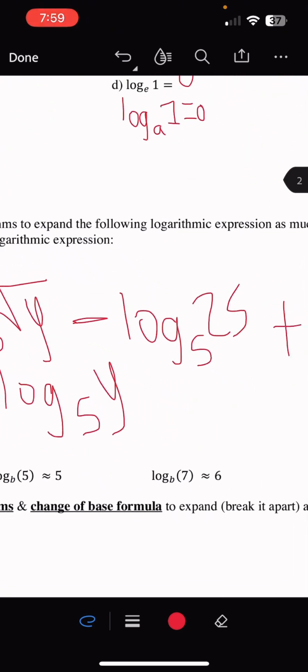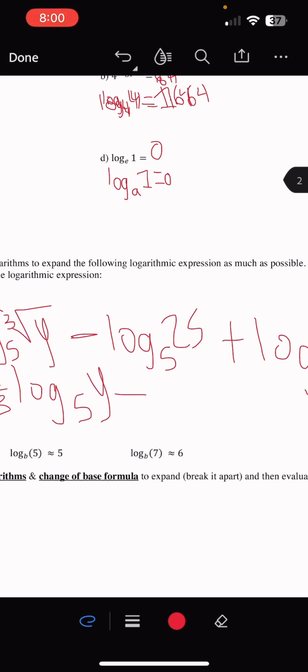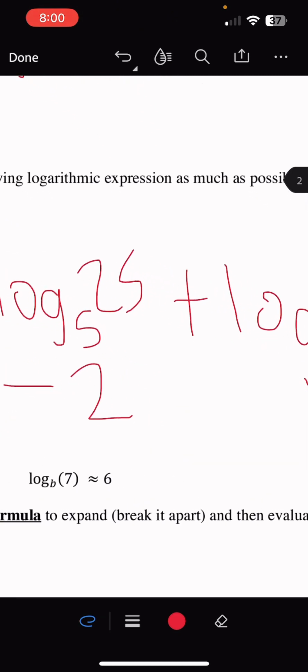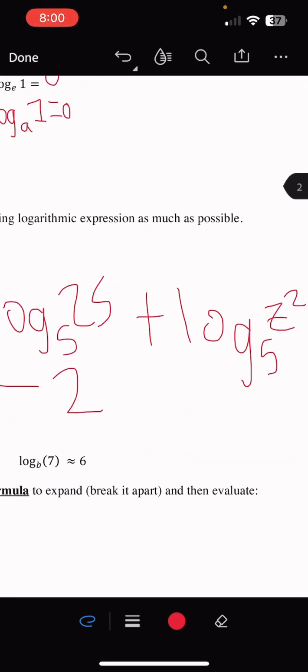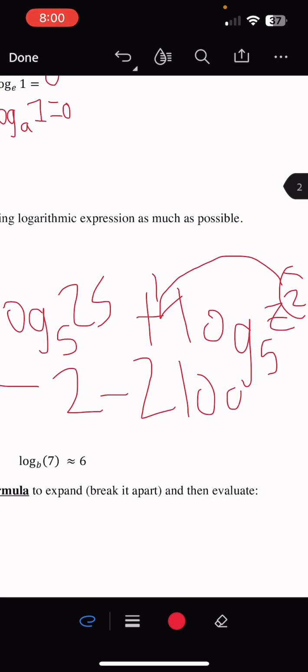And then this is where we're going to do our division again, but we're going to write it as subtraction. And log base 5 of 25 is actually 2, because 5 to what gives you 25 is going to be 2. And then we're going to subtract that. And then once again we have this exponent up here, so we're going to just bring that in front. So 2 log base 5 of z.